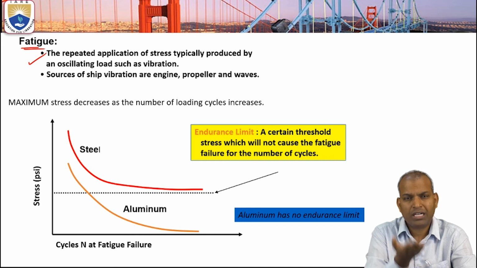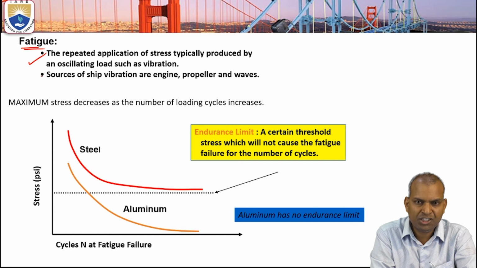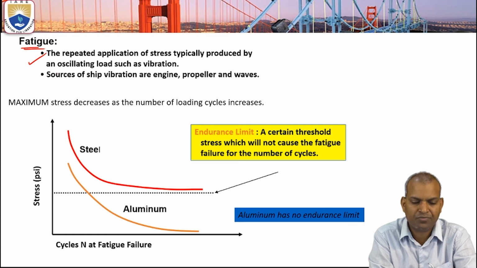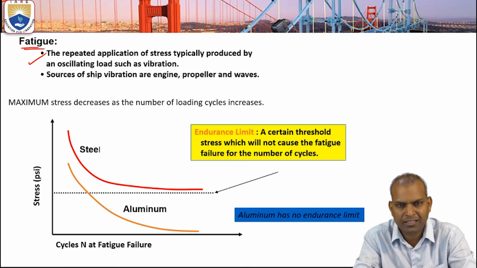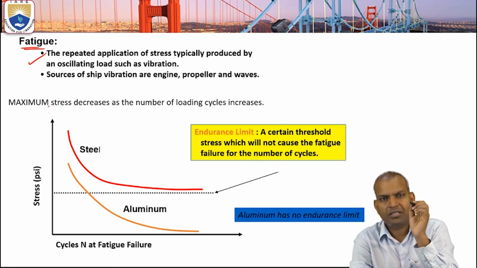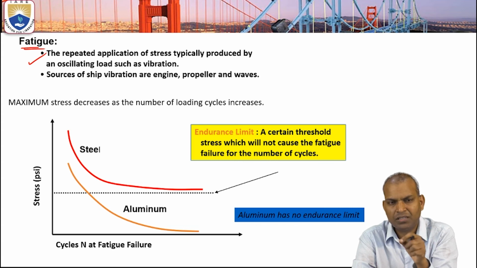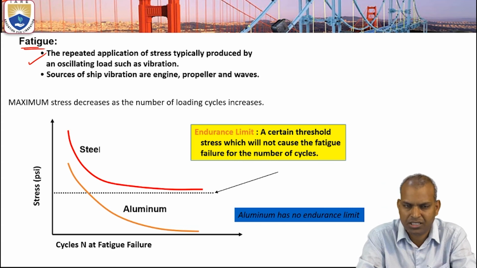Vibration means the load caused by vibrations or cyclic loads. So when engines are mounted on ships, the vibrations of the ship, the propeller and waves, those loads are known as cyclic loads. Suppose you consider propeller planes, the propeller runs continuously, which means the material should have fatigue strength. That is an important property.